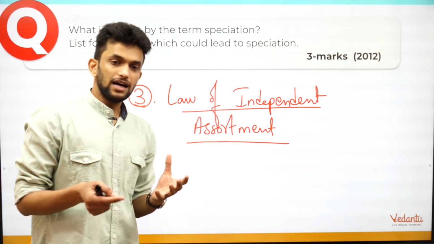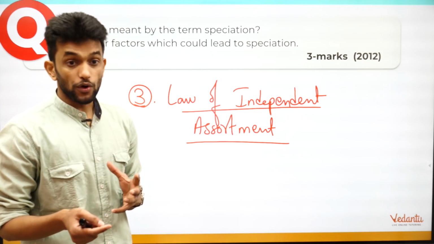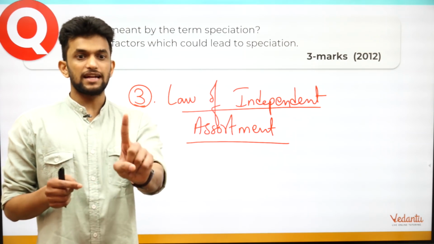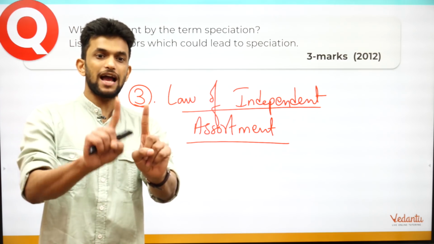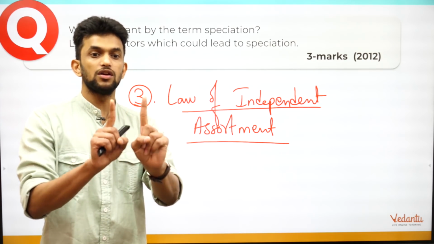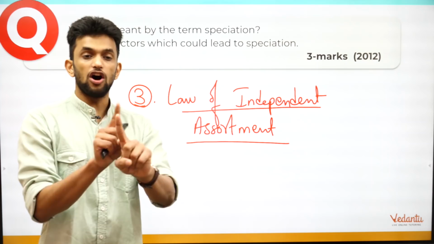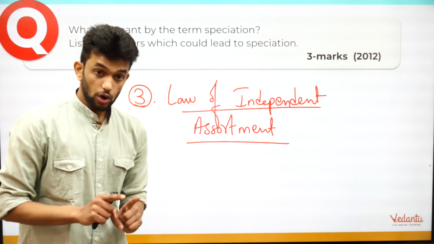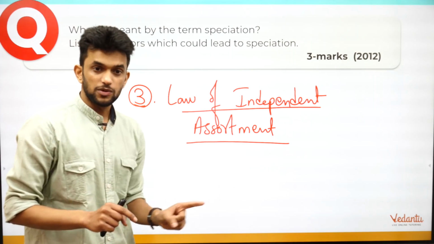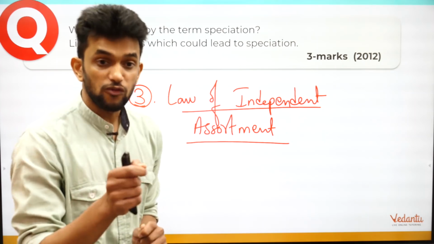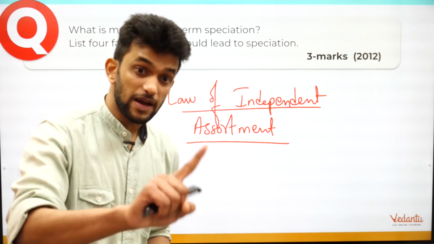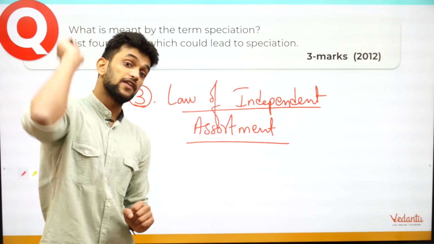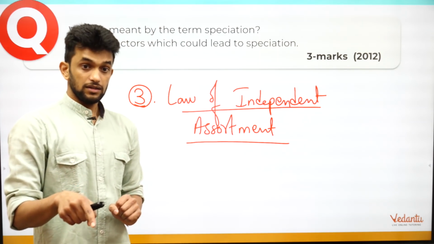They can have all the combinations possible. Presence of one character, curly hair, doesn't ensure whether black eyes or brown eyes will be present or not. They are all independent of each other. Okay, are you able to follow? Law of independent assortment says transfer of one character is independent of transfer of the other character.